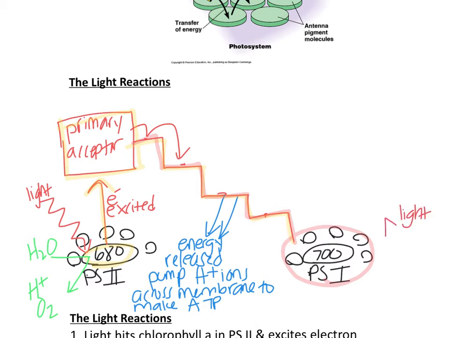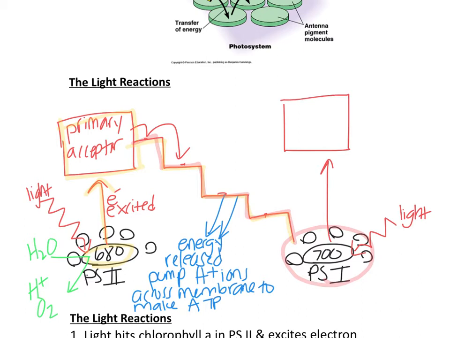So light will excite a pigment in photosystem 1. When that happens, the pigment in photosystem 1 has an electron get excited by that light, and it again will get grabbed by a protein.